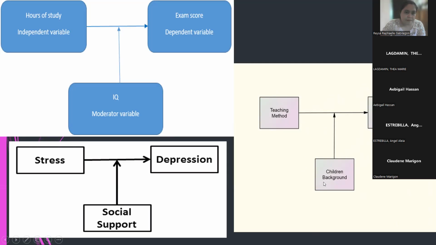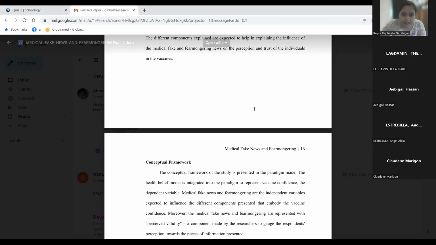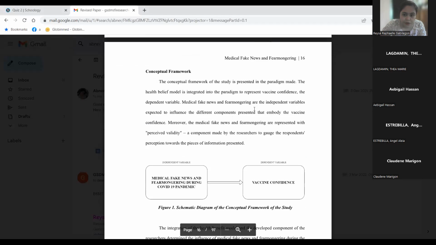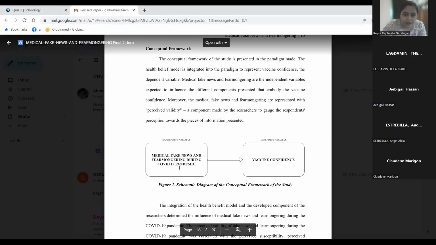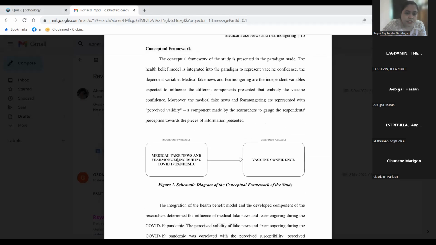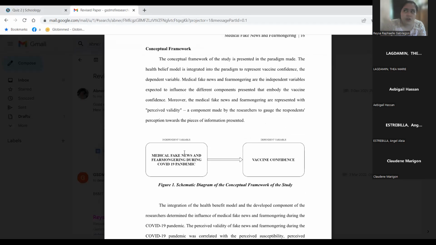Okay? So, your conceptual framework will look like this. Merong nasa gitna. Okay? By the way, nakabox talaga si IV and si DV ha. Same size and at the same time connected talaga yung arrow na yan. Let's look at the example natin kanina sa study. We have here, after the theoretical framework, we have the conceptual framework. So ano ang nilagay nila? Independent variable, medical fake news, and fear-mongering. Ito yung manipulate nila sa study nila. Sila yung kumuha na, oh, ito fake news.